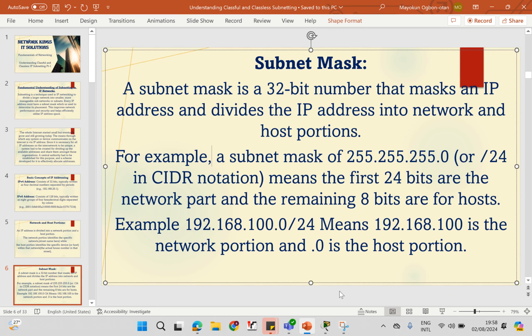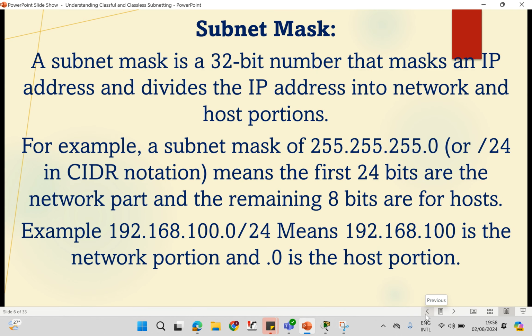Hello? Can you hear me? Can you see my screen? What can you see? Yes, I can see your screen. Subnet mask.